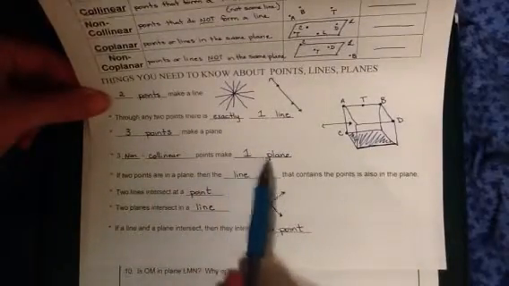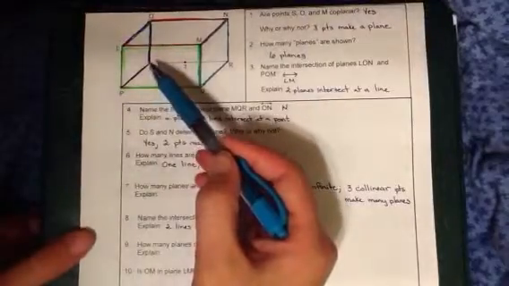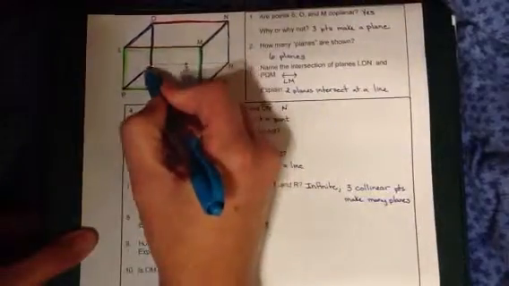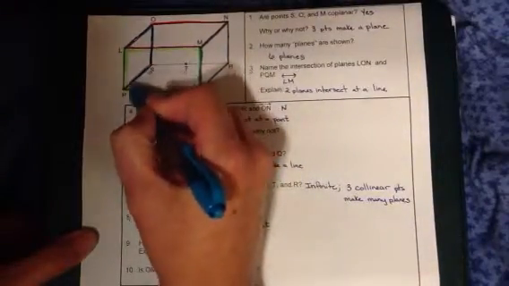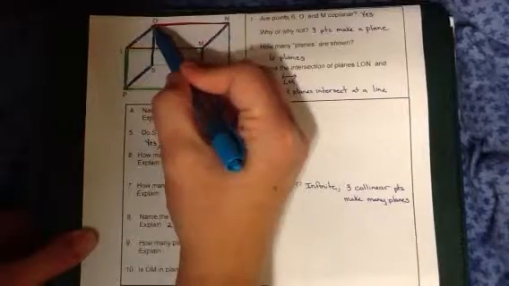So if we go back to what our rules say, it says 3 non-collinear points make one plane. And again, we know, because to finish off that box, we would come over here to P, and then go back up here to L. And that's the only plane that would contain both LO and OS.